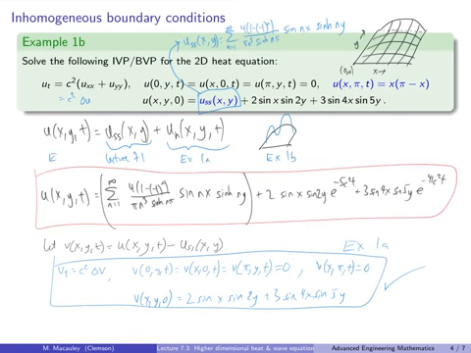This is the solution to example 1b. This is equal to the steady state solution, plus the solution with homogeneous boundary conditions. This is lecture 7.1, and this is example 1a.